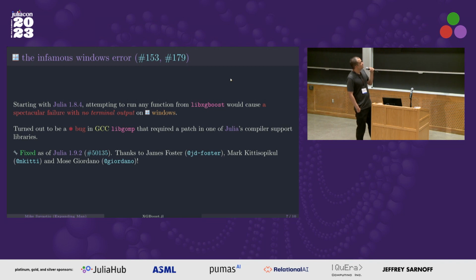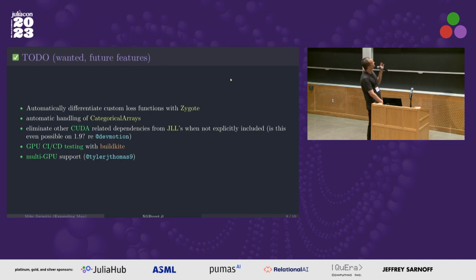Big thanks to a number of people, James Foster, Mark, whose last name I'm not even going to try to pronounce, and Mose of BinaryBuilder fame. They came in and fixed that. I'm sure the fix itself was just updating a library, but finding it, I can only imagine. So that's fixed now. As of 1.9.2, you should be able to run it in Windows. If not, we closed the issue, so please report it.